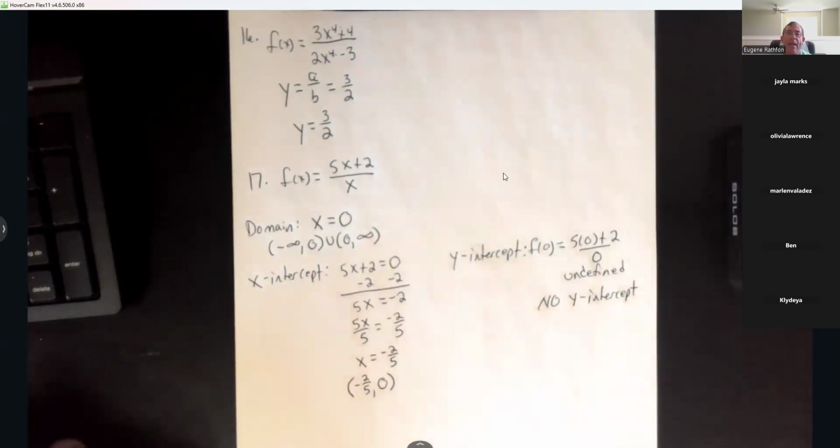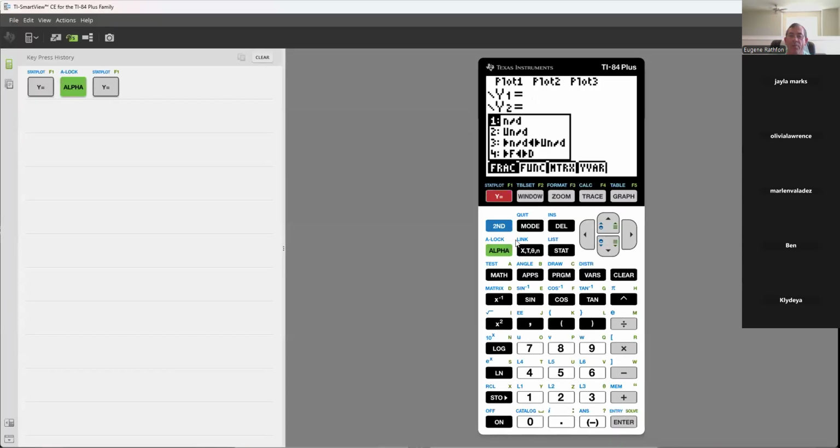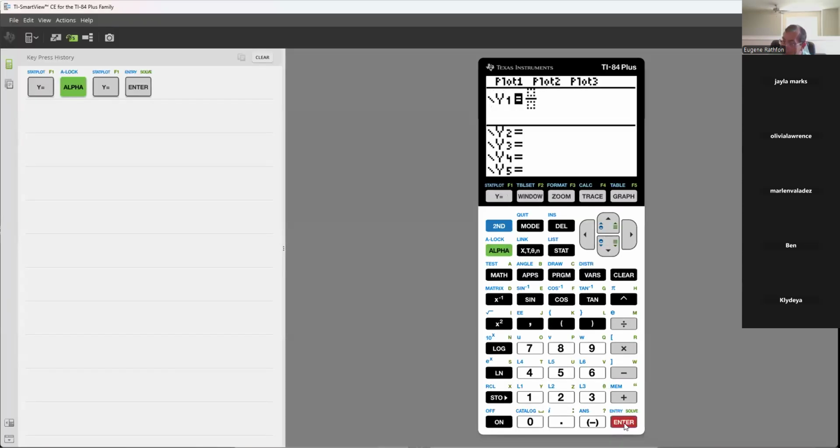Okay, so then we had to graph this. So I'm going to go to the calculator, go to y equals. I'm going to hit alpha, y equals, enter to make it look like a fraction. On top, I had 5x plus 2. On the bottom, I had x.